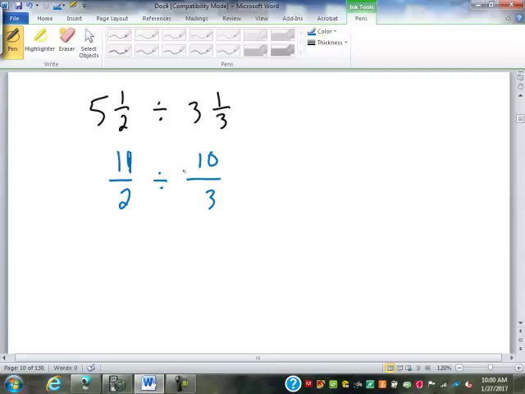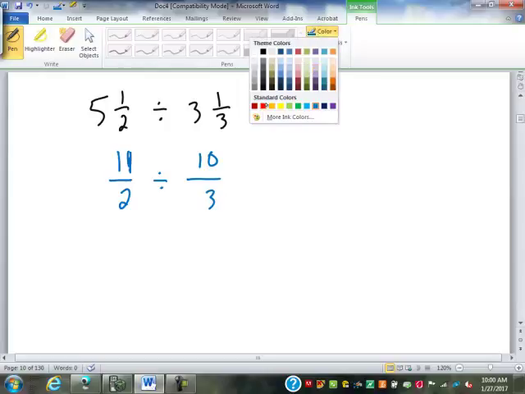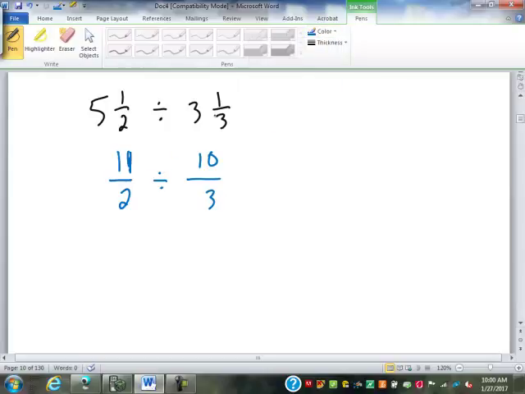Good. Can I cross cancel the 2 and the 10? Say no. Oh, no. Why not? Well, because I told you to say that, right? Because it's division right now. We can only cross cancel multiplication.